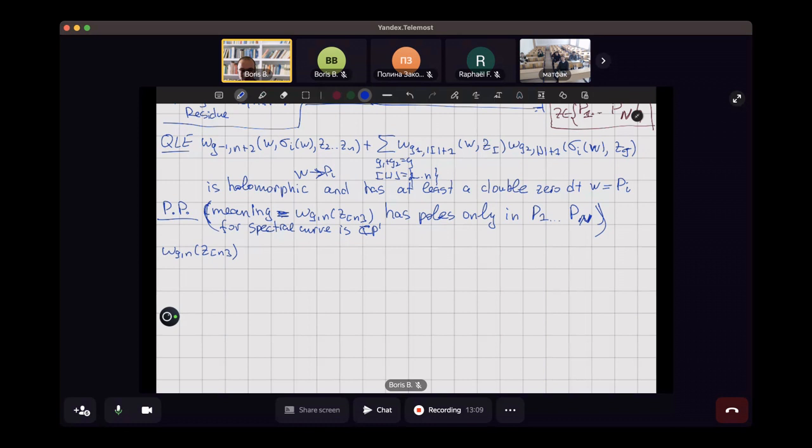We will see that this just means that omega g,n has no poles away from p1, etc., pn.